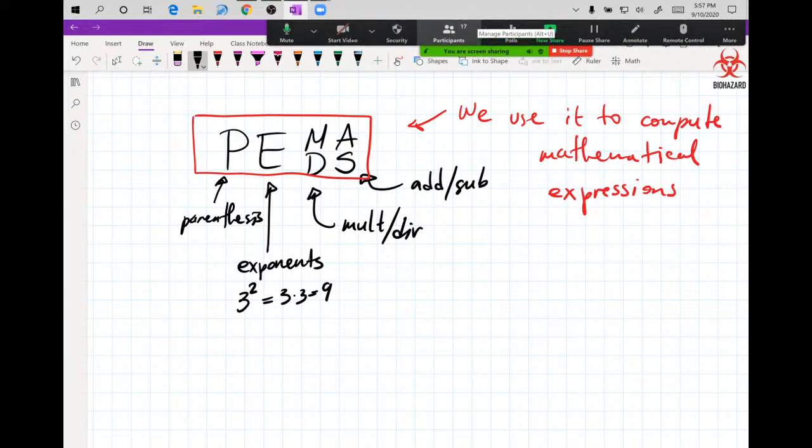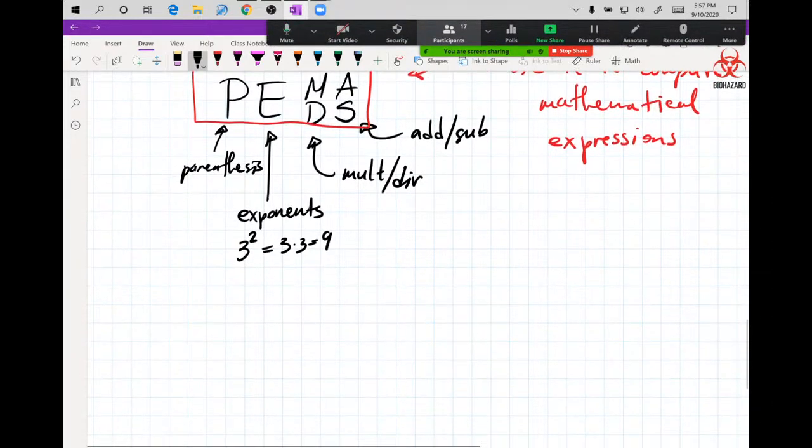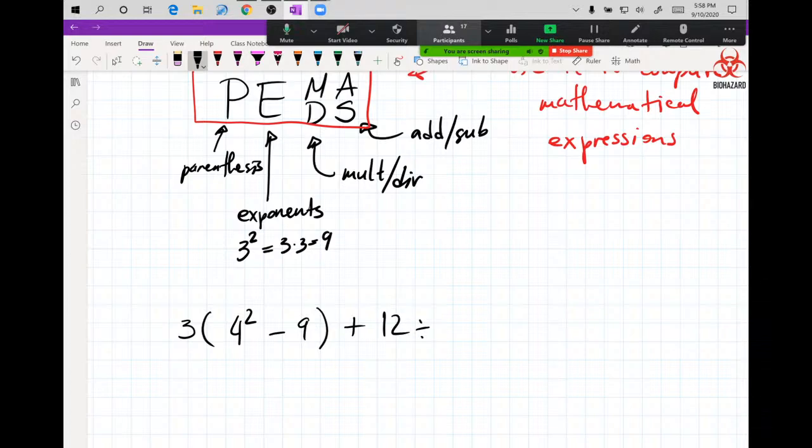So if I have a mess, like 3 open parenthesis x plus, now let's not use x, let's just go 4 squared minus 9 plus 12 divided by 6, whatever.